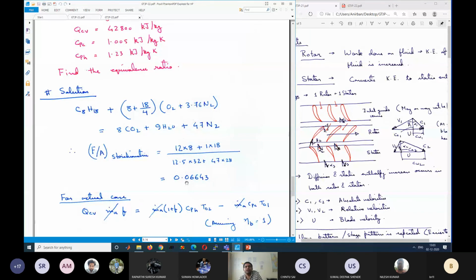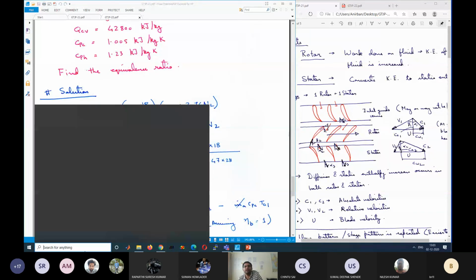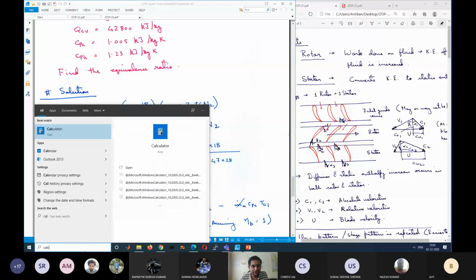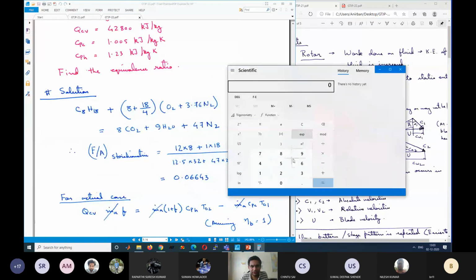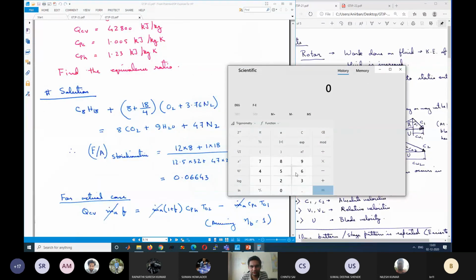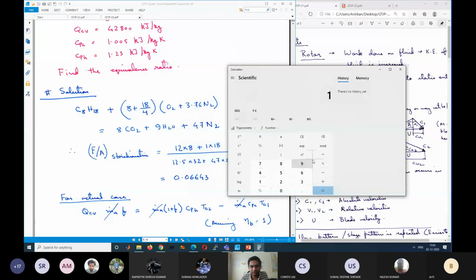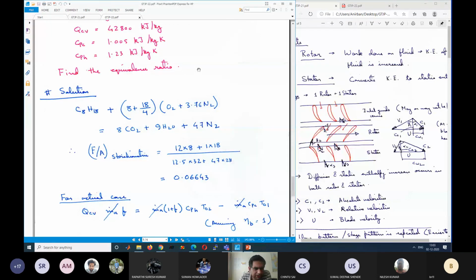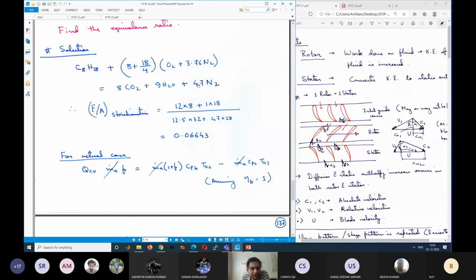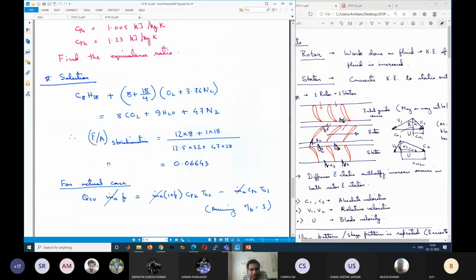You can also get the air fuel ratio. Let us see what it is, to get an understanding, because these are realistic values. It is 15.05, so it will be between 10 and 20. It's around 15.05 for the stoichiometric case.